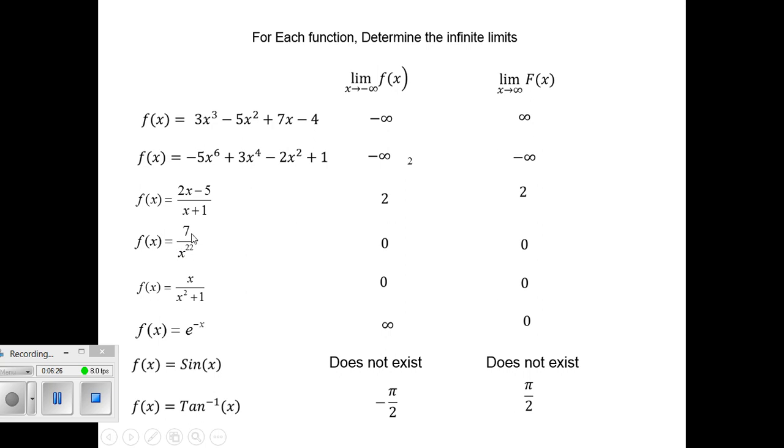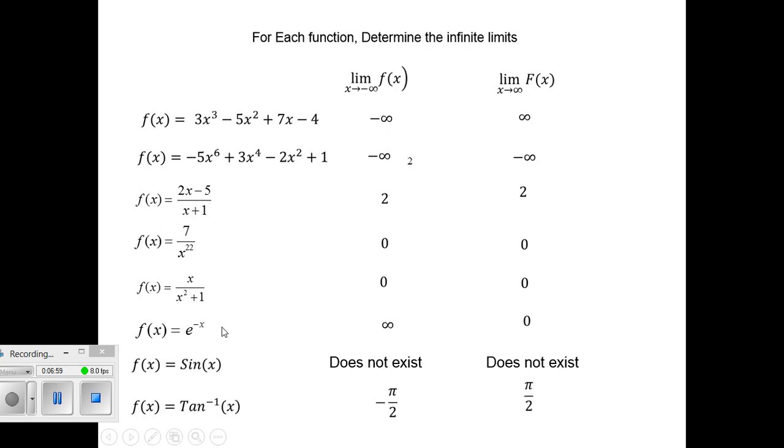For the rational function 7 over x to the 22nd power, bottom heavy, the asymptote is riding along the x-axis, the y value equaling 0, to imply that the limit as we move towards infinity, both positive and negative, is going to be 0.